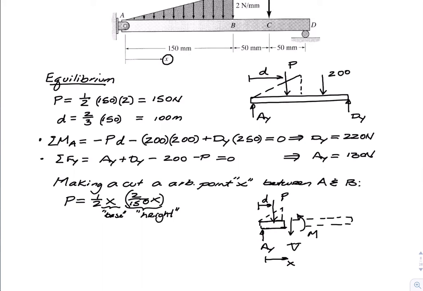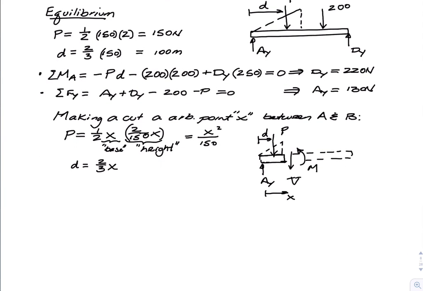So the P that I have is going to be a quadratic function. It's going to be x squared divided by 150. And we know the distance d is going to be 2/3 the distance across, which in this case is x. So with that, what I'm going to do is sum forces in y. Summing forces in y, I get Ay, which I found before.